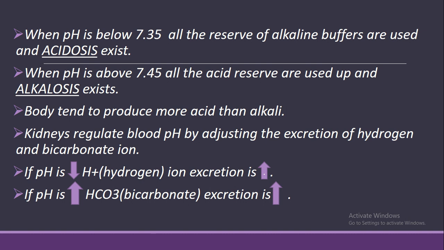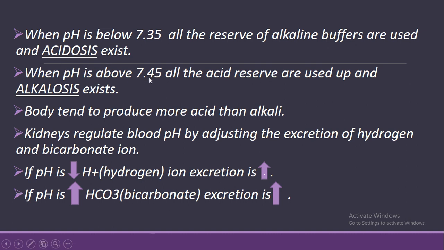The acidity is more in that solution and the alkaline effect is very little. All the alkaline reserves in the body are being used up, and only the acidity is increased, and that is called acidosis.